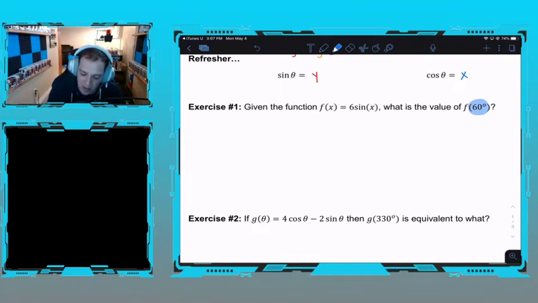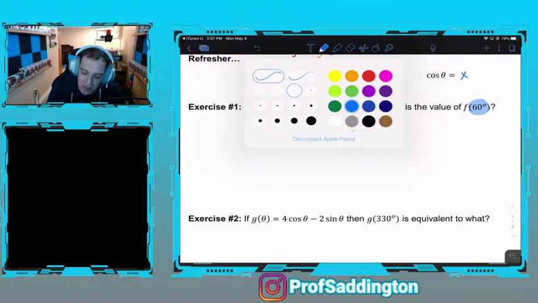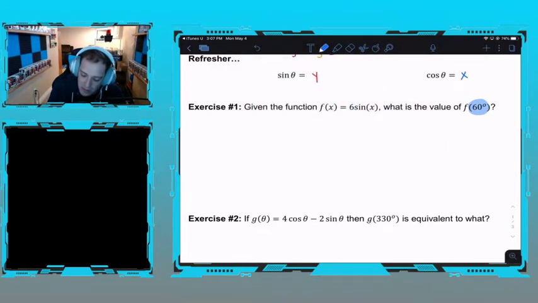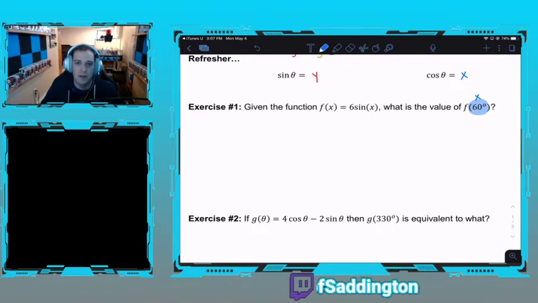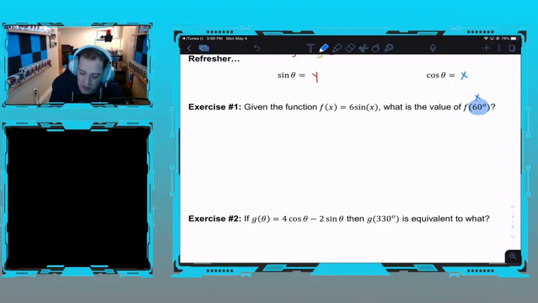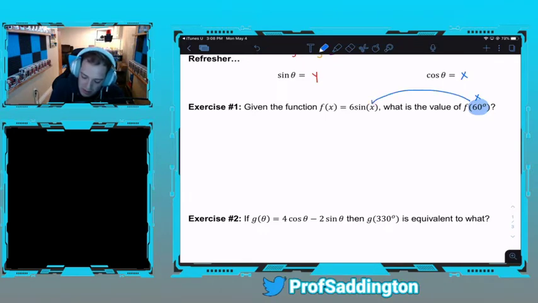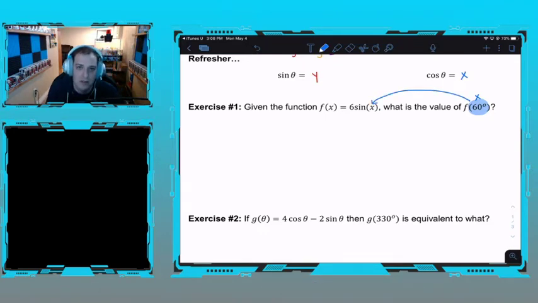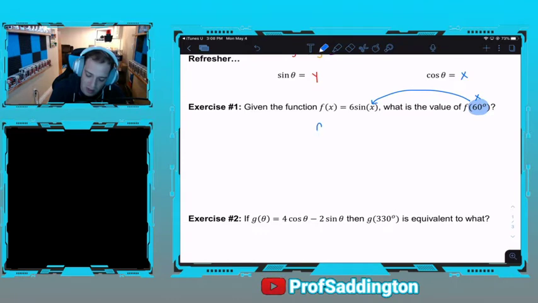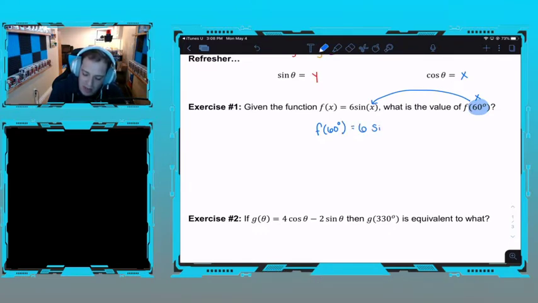Anytime we have something inside the parentheses, remember that's really the x value. So we can just take that 60 degrees and substitute it in for the x. So that's all I'm going to do. We have f of 60 degrees, and I should put the little degree symbol here, is equal to 6 sine of 60 degrees.